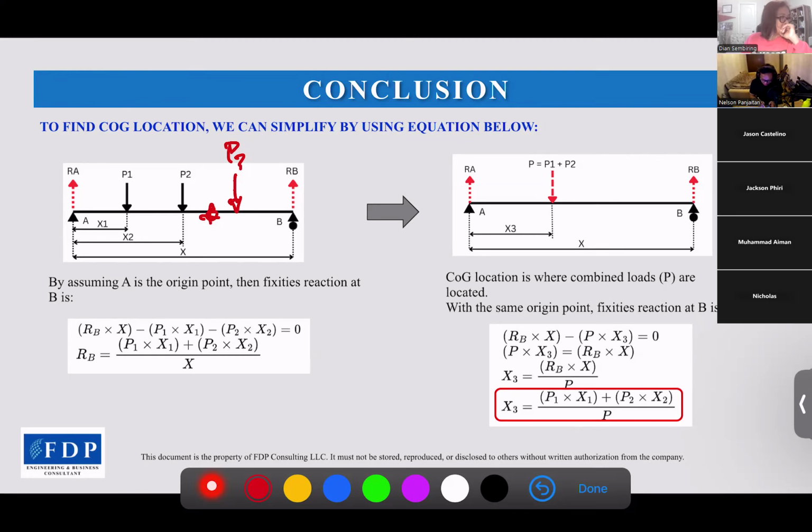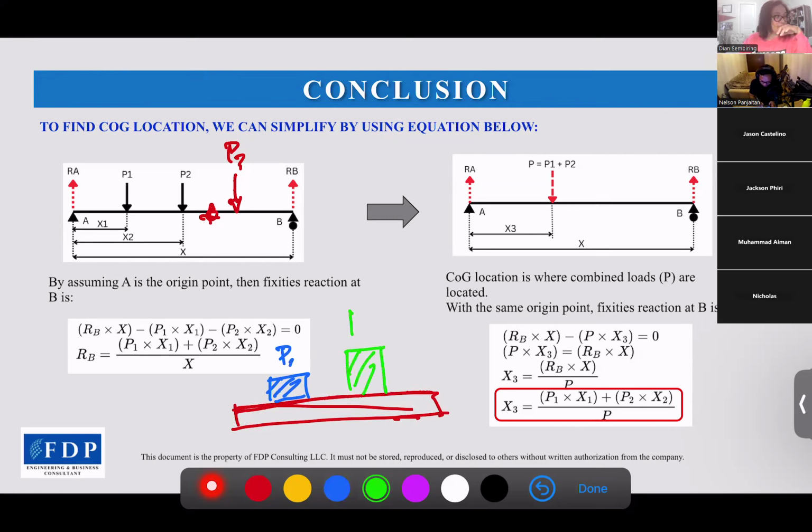For example, we have one single member, and on top of the member we have different loads, P1 for example, and then P2, and then we want to lift it.